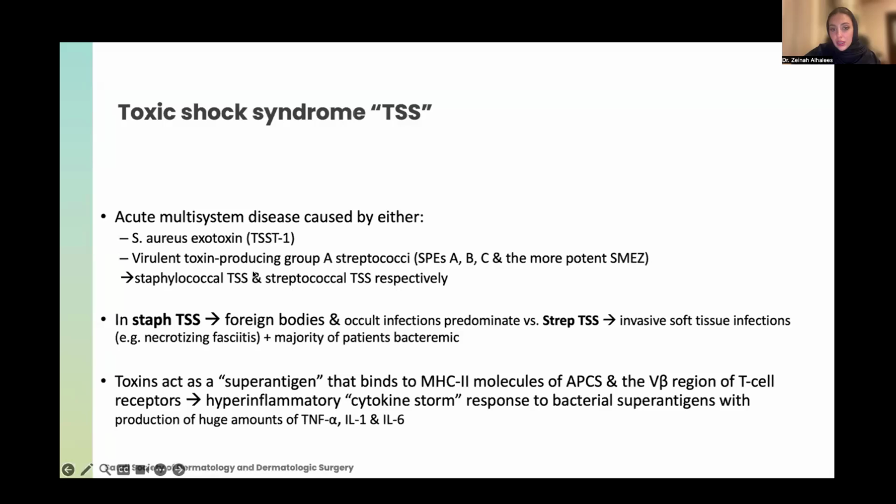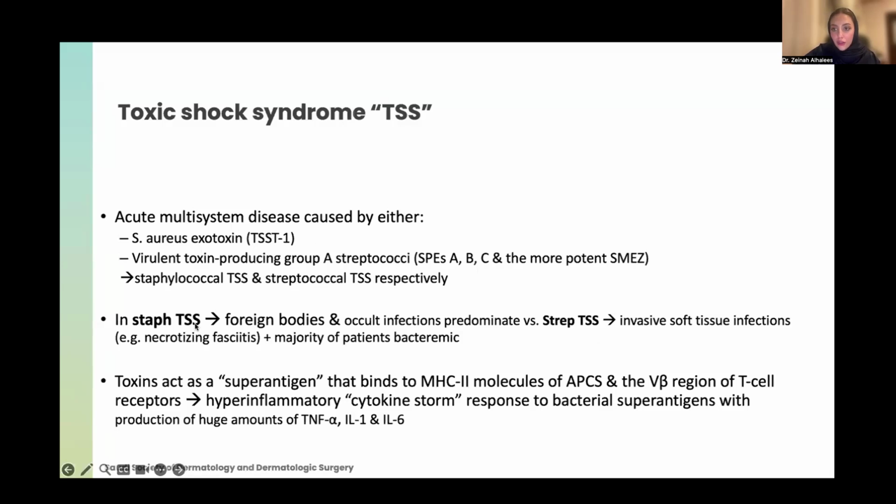It's a virulent toxin. So you have either your staph toxin or your strep toxin. Your staph toxin is your Staph aureus exotoxin, so your TSST1, and then you also have your streptococcal toxin, by your group A streptococci, which give you your SPEs, ABC, and the more potent SMEZ toxin.